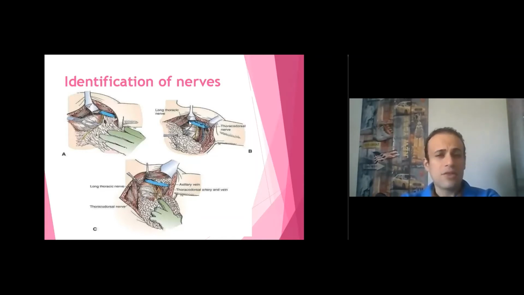There are three structures, as I said, that should be identified: the axillary vein, with its transverse course, the thoracodorsal nerve, and the long thoracic nerve. This is more exploration: the axillary vein, the thoracodorsal bundle, artery, vein, and nerve, and the long thoracic nerve.